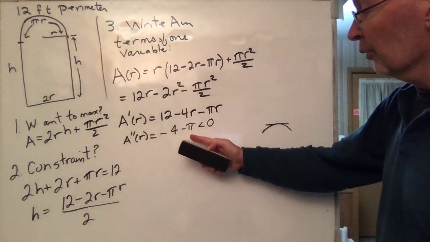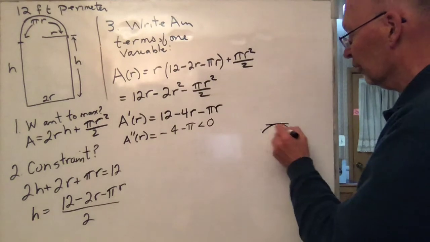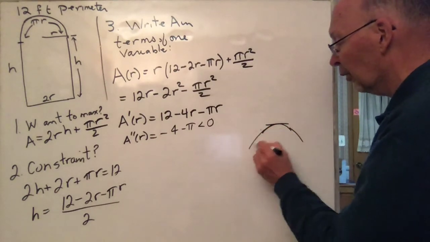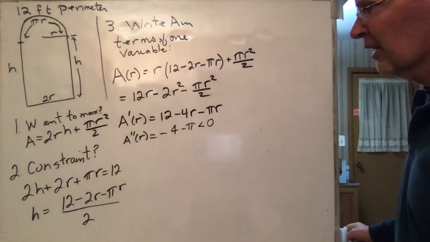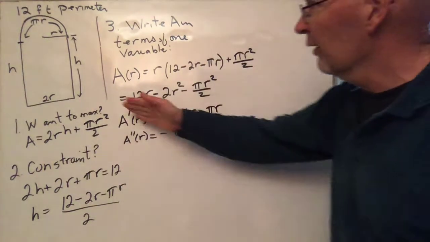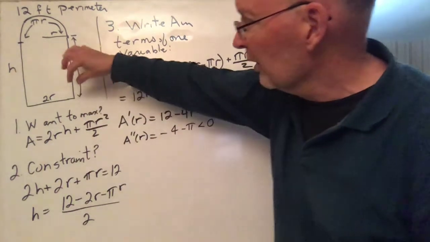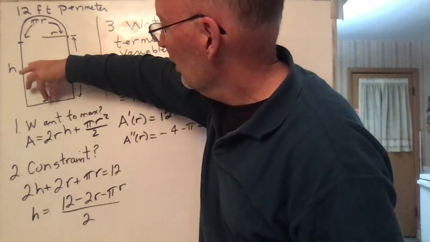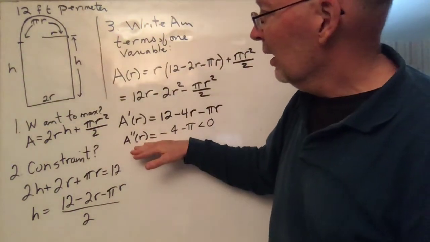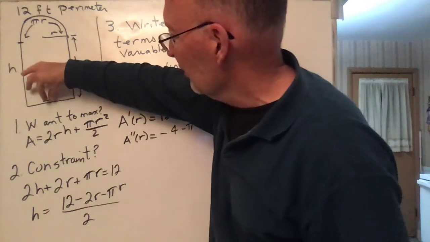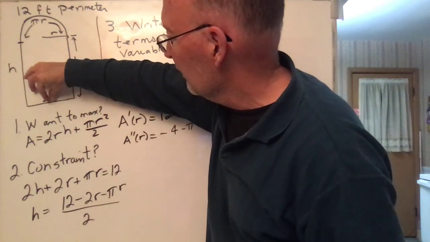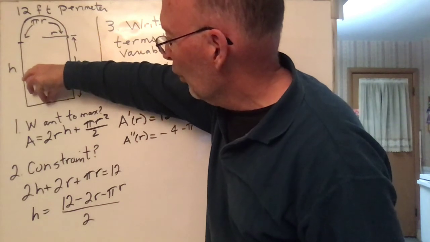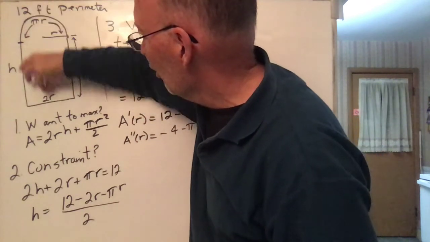And since it's a relative max, and that's the only critical point, that means it's going down on both sides. So that's going to be what we want. Just by thinking about the problem physically, there's no way this would be a minimum. The minimum is going to be some extreme case where you'd have basically no width at all and just a really long, narrow thing.